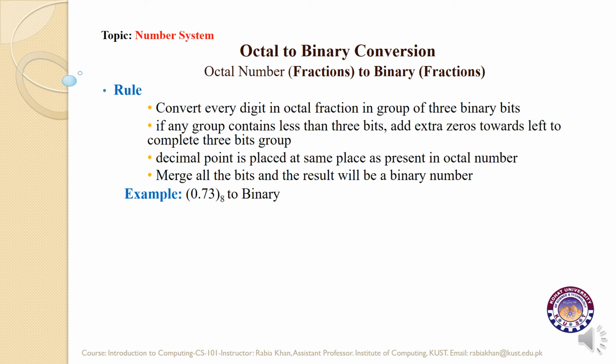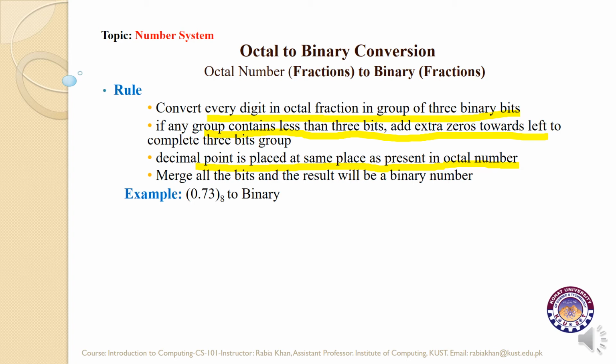So the rule or the method is mentioned here. You have to convert every digit in the octal number or octal fraction into a group of 3 bits, and if some group contains fewer bits, you can add extra zeros towards the left. Keep in mind, towards the left, as adding zeros towards the left doesn't change the result, in order to complete the group. And keep in mind that the decimal point stays at its place, the way it was in the octal number.